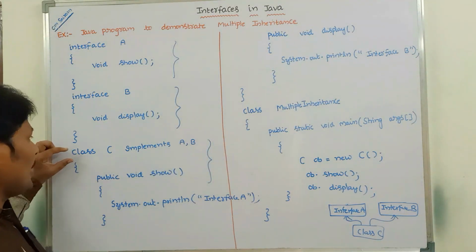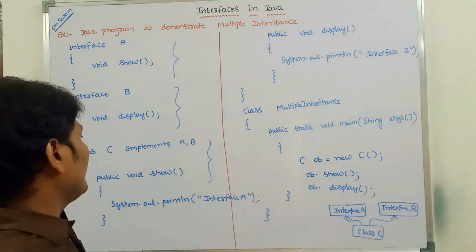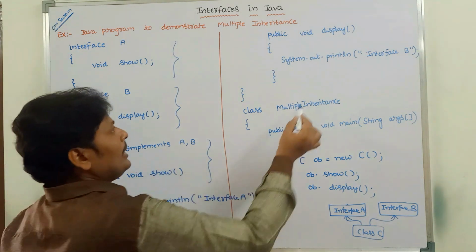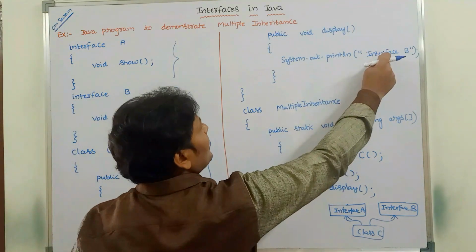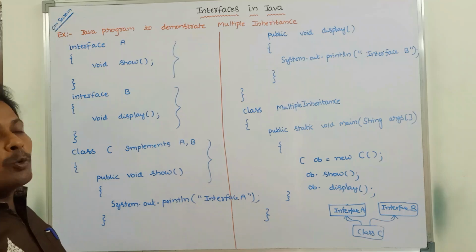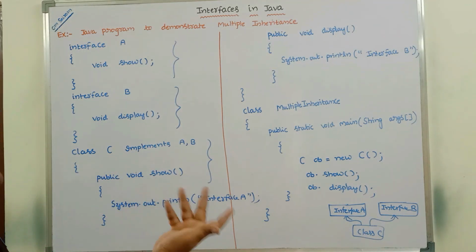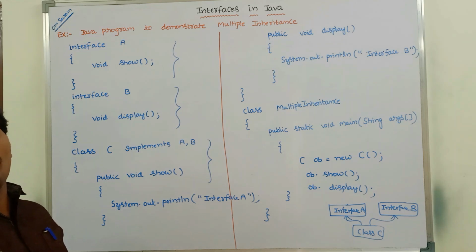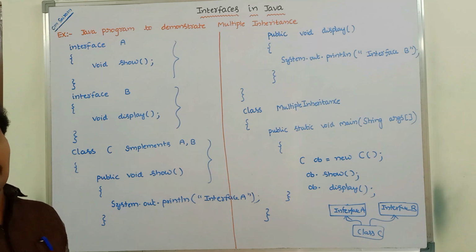In that main class we create the object for class C. By using this object we can call this method and this method. Then it prints interface A and interface B as the output for this program. Okay, next we can go for the implementation of multiple inheritance using interfaces.